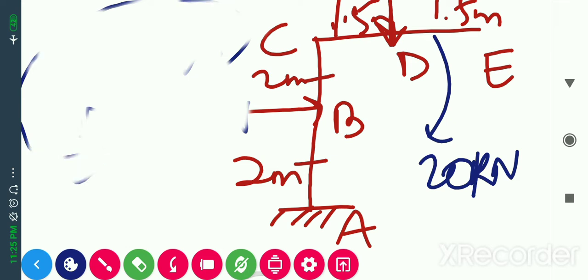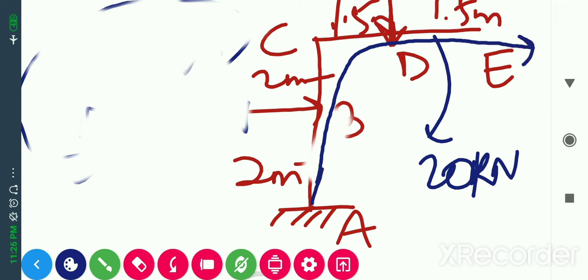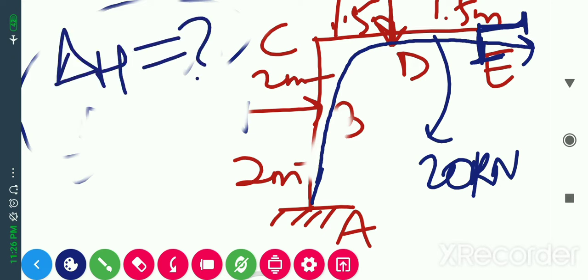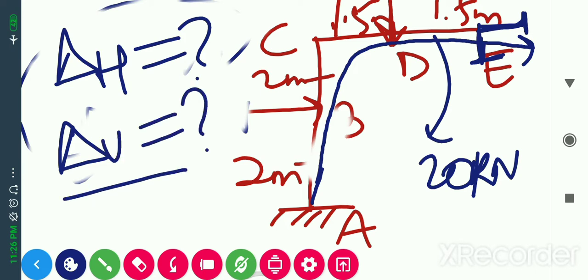The frame will try to bend in this manner. So basically the frame is undergoing two kinds of deflection. One is a horizontal deflection, which is going in this direction, and another is a vertical deflection. So we have to determine the horizontal value of deflection and the vertical value of deflection. We will see them one by one. So let's start.